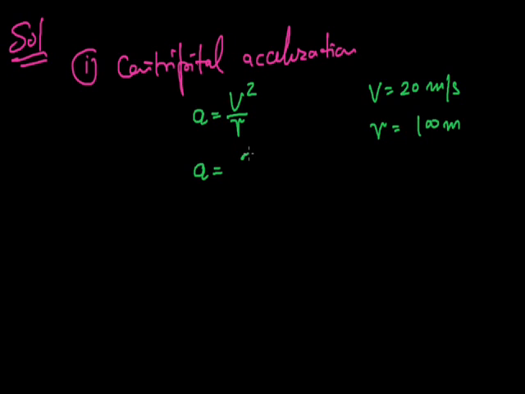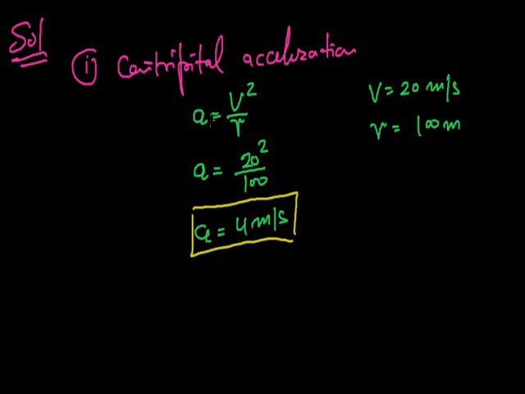So here 20 square by 100, a is equal to 4 meter per second square. This is the centripetal acceleration. It is also denoted by AR because it is radial, it is always radial acceleration.